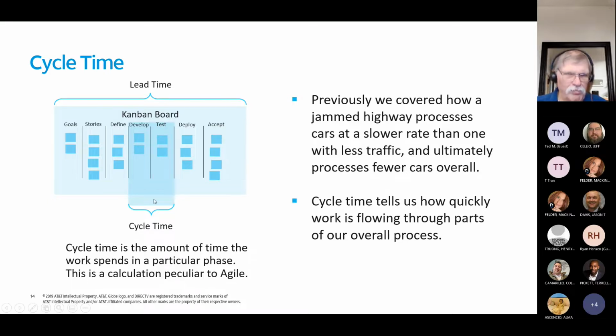Now, they need to be adjacent if you're measuring them. Okay, it doesn't make sense to combine, like in this here, the definition column and the deploy column without including development and test. You can look at these individually, but if they're not adjacent, or your cycle time is not considering everything in between, then that's not a measure of cycle time.